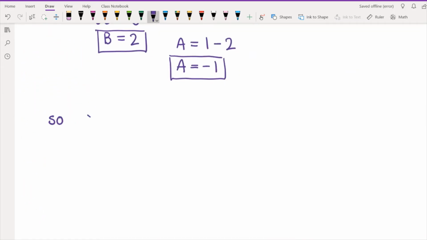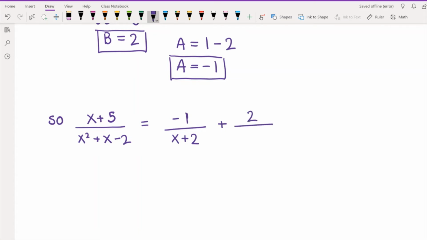It tells us that our original fraction, x plus 5 over x squared plus x minus 2, can be written as a over x plus 2 plus b over x minus 1. Let me write it in order. So a was negative 1, and that was the numerator of the fraction that had x plus 2 as its denominator. And then b was 2, and that was over x minus 1.